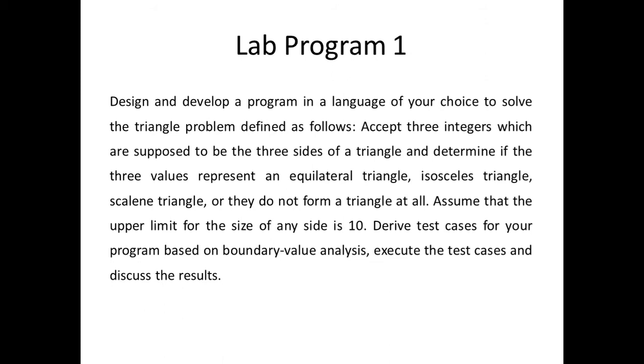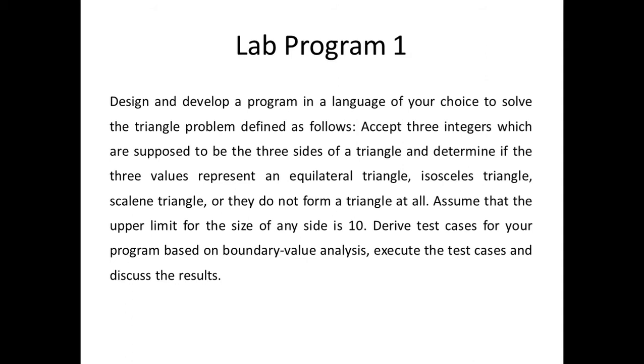And one more thing which is given in this, it has to satisfy all the preconditions that they've given. For example, to tell which type of triangle, you first have to confirm whether these values form a triangle or not.